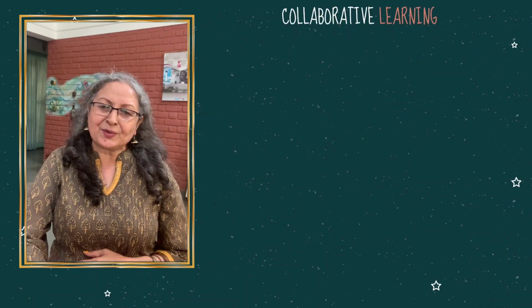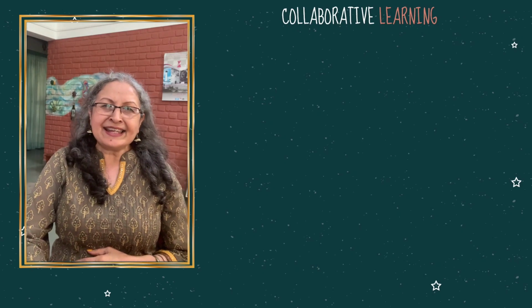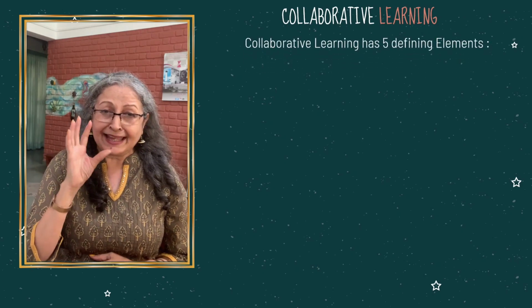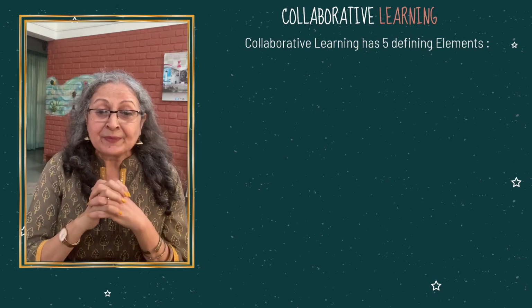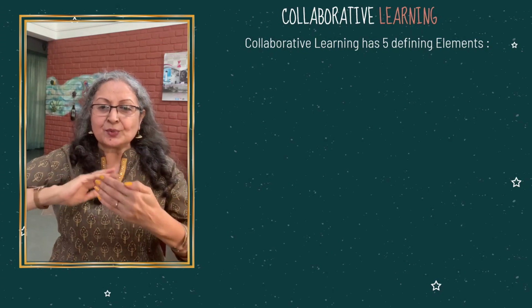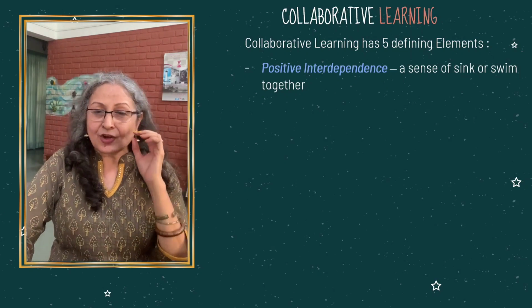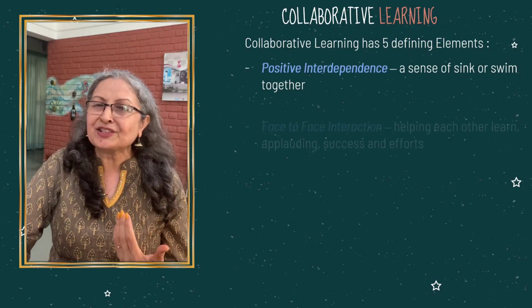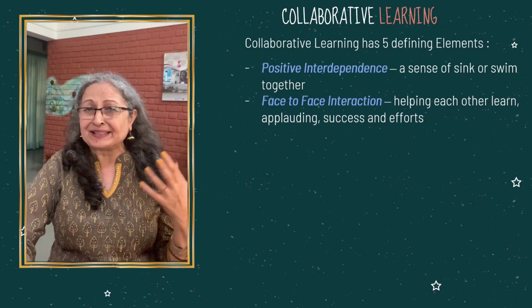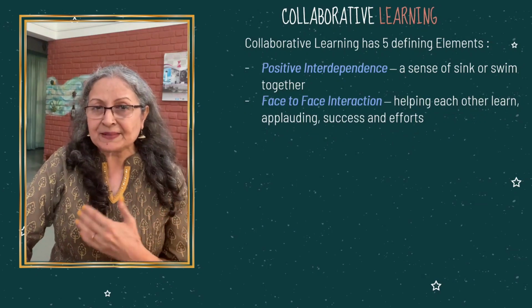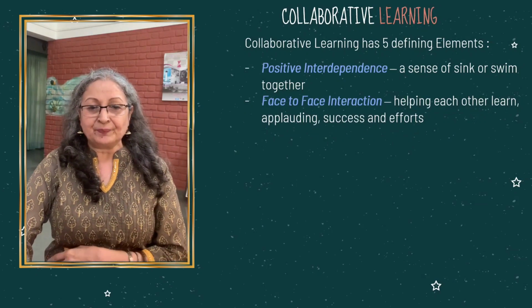Okay. So what is collaborative learning, also known as cooperative learning? It has 5 defining elements. It creates a sink or swim together kind of feeling, so there's a positive interdependence. It also creates face-to-face interaction, which of course we've been missing a lot in the pandemic. And it helps students learn with each other.